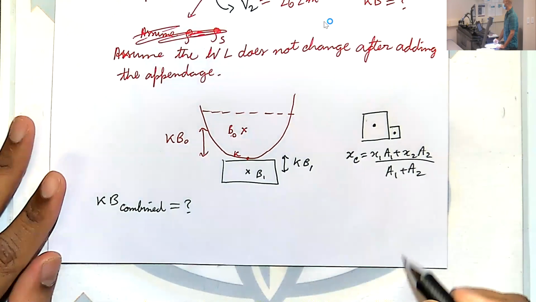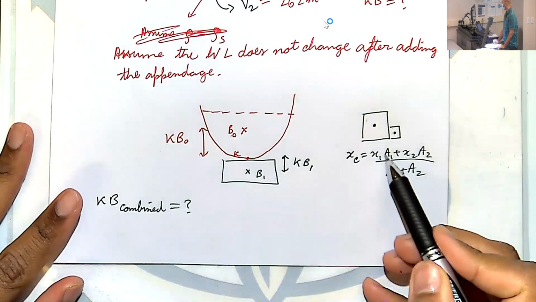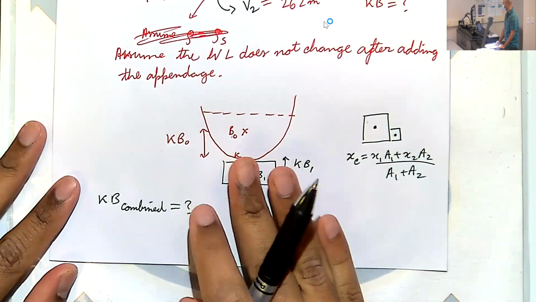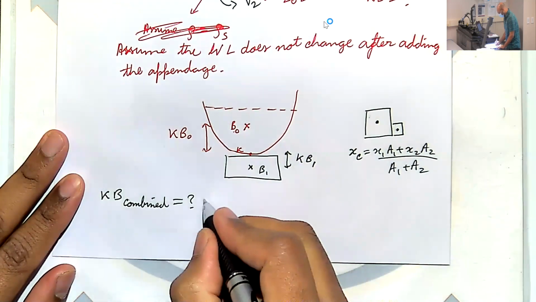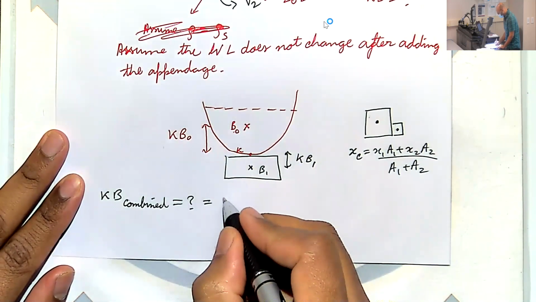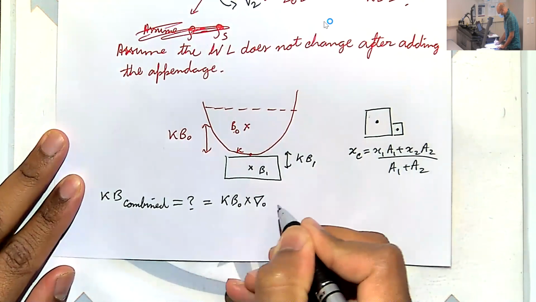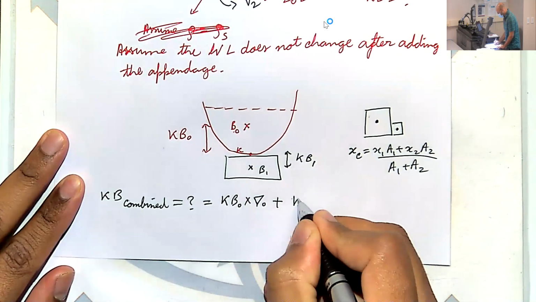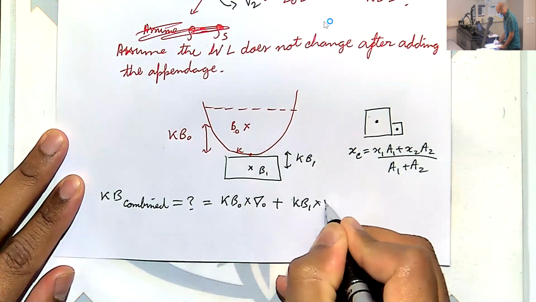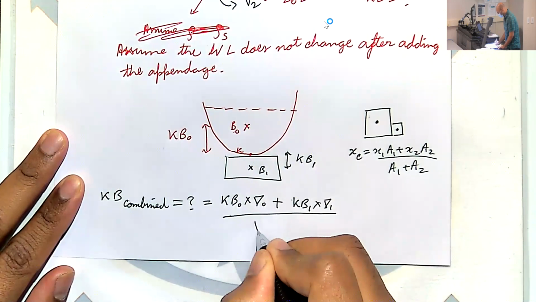Same for center of mass, where instead of area you put mass. Exact same thing here: KB0 times nabla 0 plus KB1 times nabla 1 over the total.